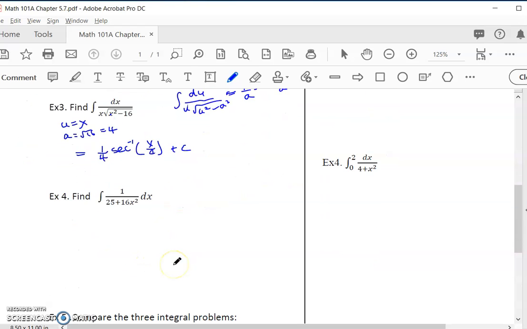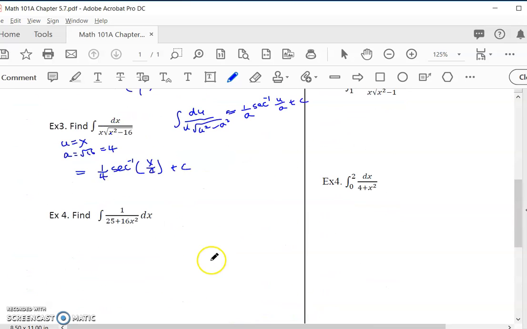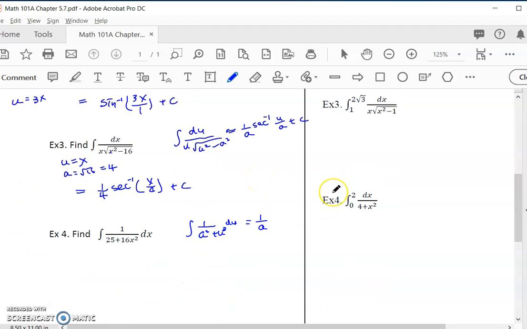Example 4 would be a little harder. It's the tangent one, so I'm going to copy it over again: du over a squared plus u squared equals 1 over a arctangent of u over a plus c.